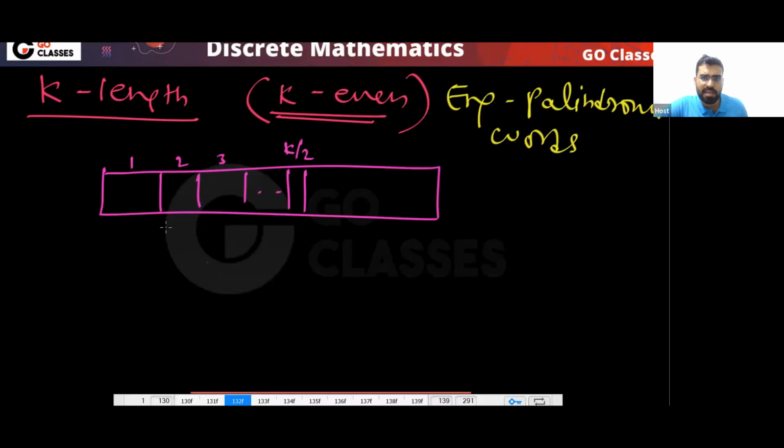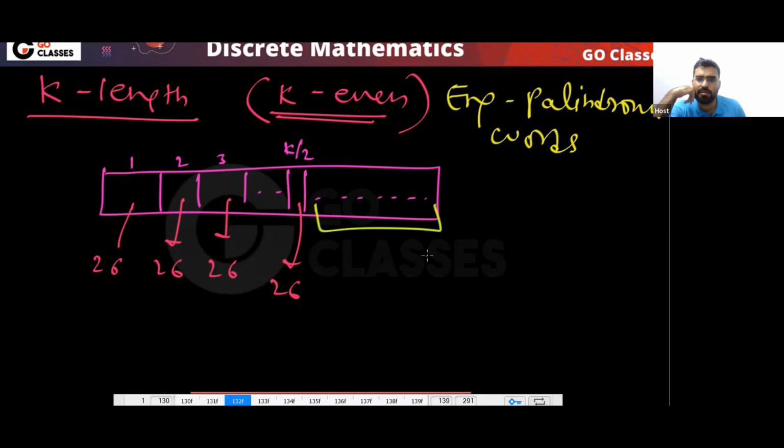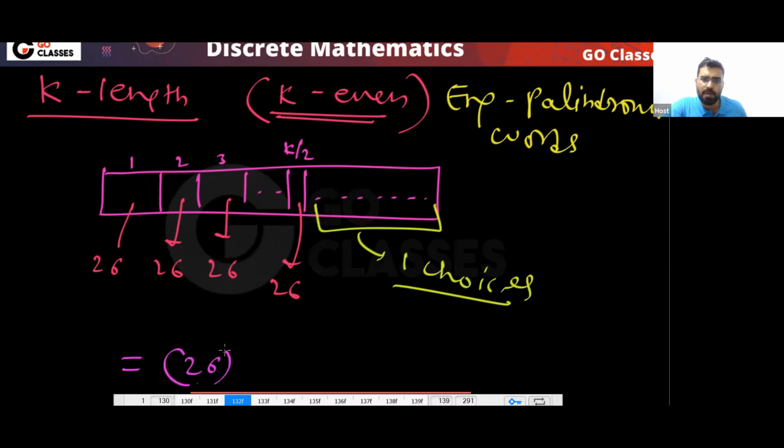Here you have 26, 26, 26, and 26. But do I have a choice in the remaining positions? There is no choice there; they will be filled automatically, because whatever you put in the first half will automatically reflect. So the answer will be 26 power k by 2.